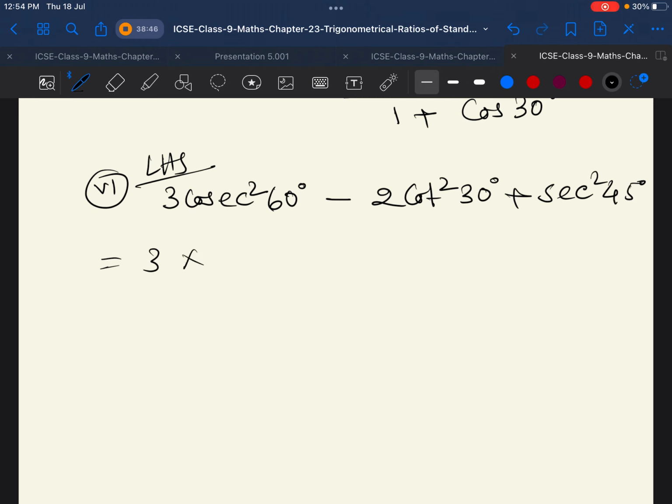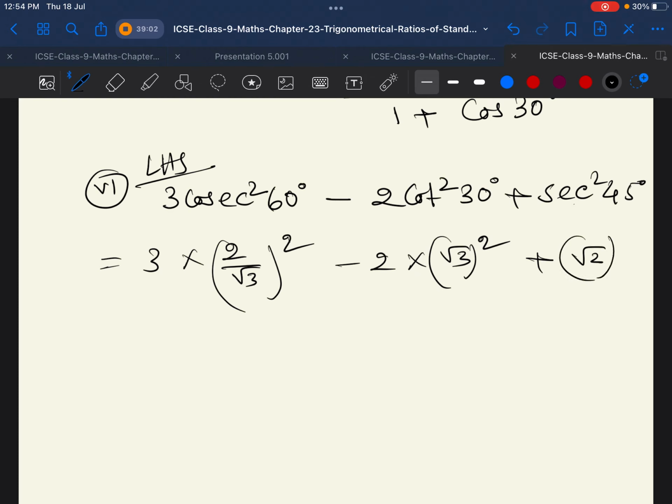So here 3 into cosec 60. We know cosec 60 is 2 by root 3 whole square, minus 2 into cot 30 root 3 square, plus sec 45 we know root 2 square.